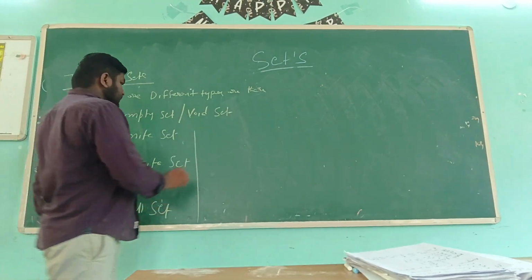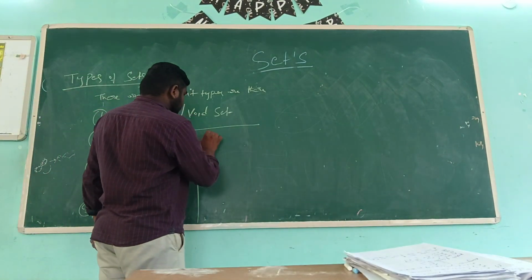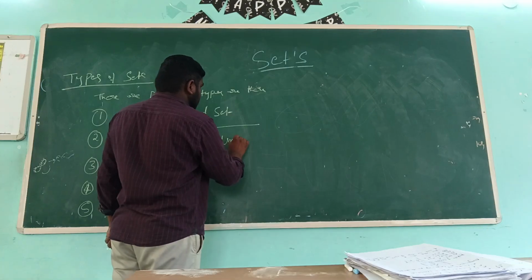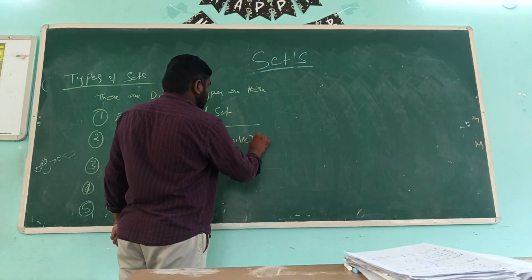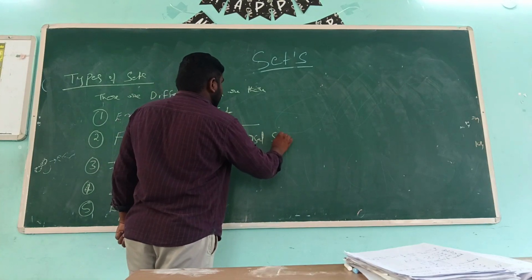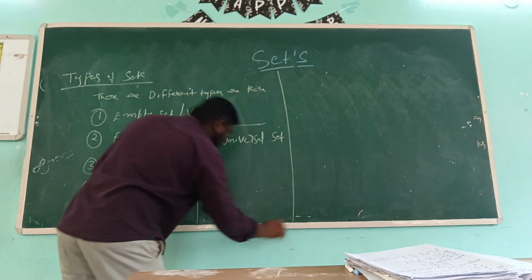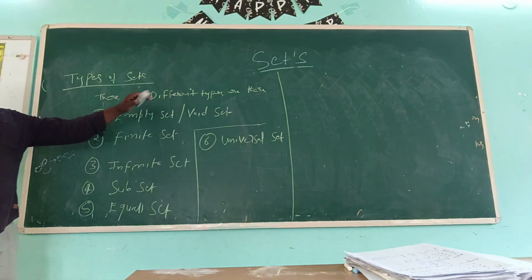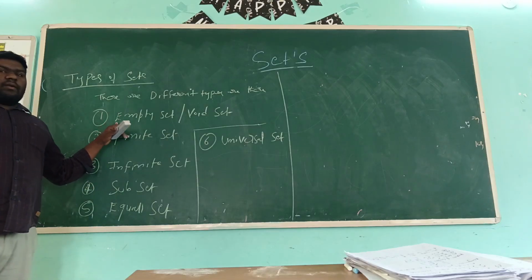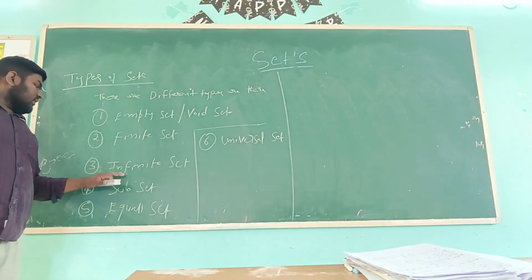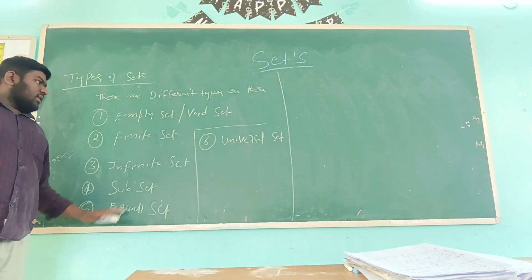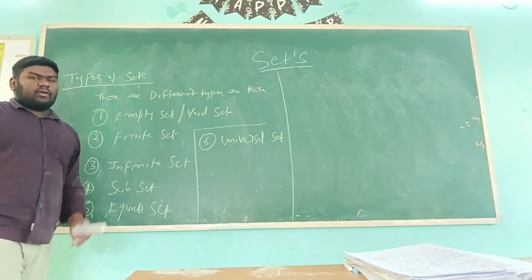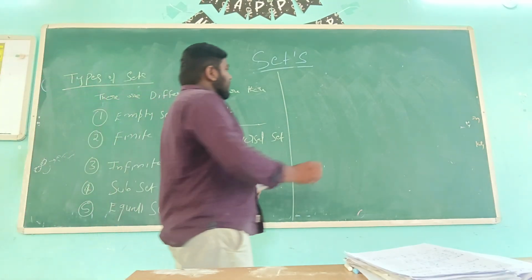Sixth one, universal set. Understood? This is called the types of sets: empty set or void set, finite set, infinite set, subset, equal set, universal set. One by one we will discuss here.